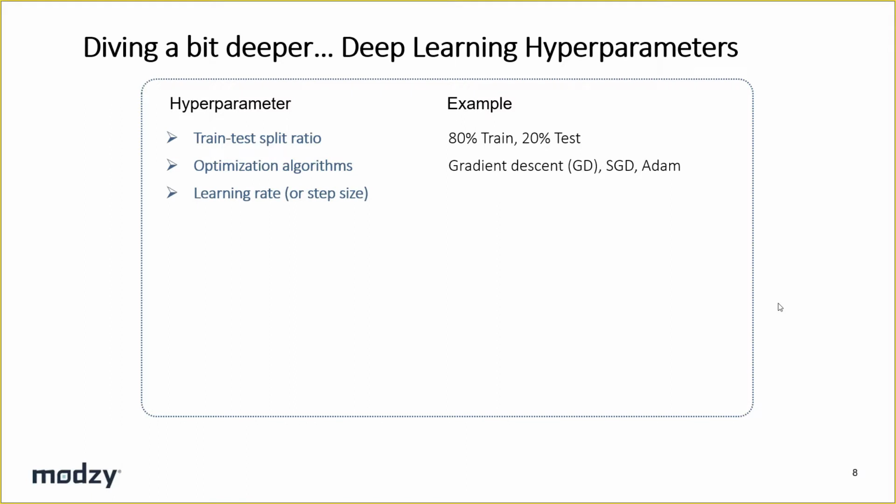Learning rate is actually a parameter to the optimization algorithm, and it represents the amount that your model weights will be updated at any point in time. So it will always be a value between 0 and 1. And the smaller or lower the learning rate, the more training epochs are required. Now, if your learning rate is too small, it can cause training to get stuck and take a very long time.